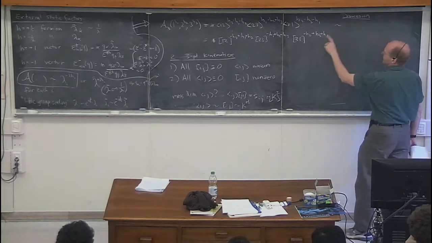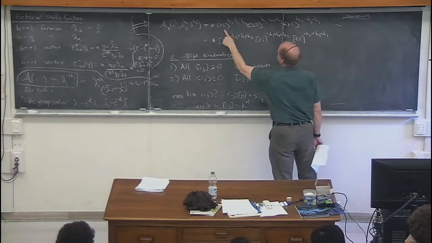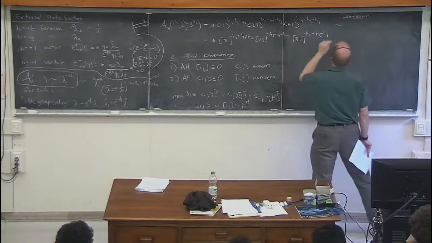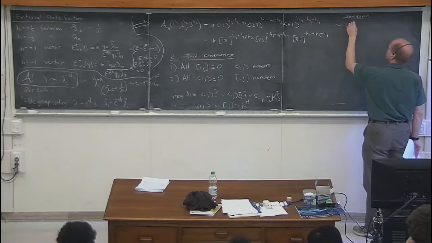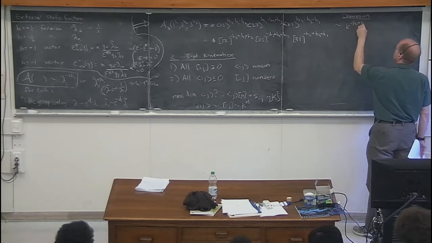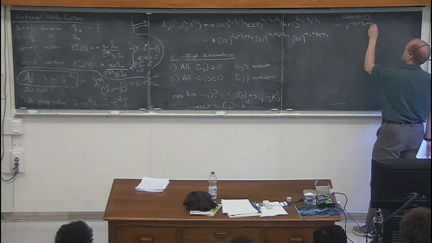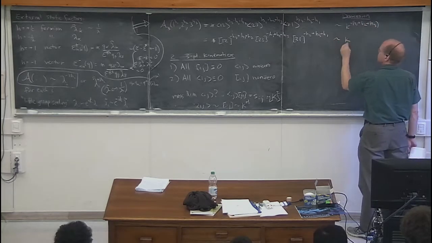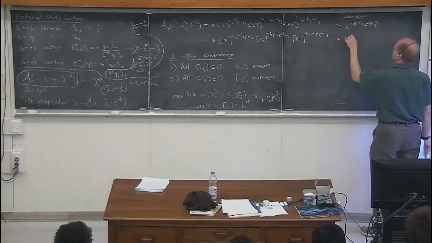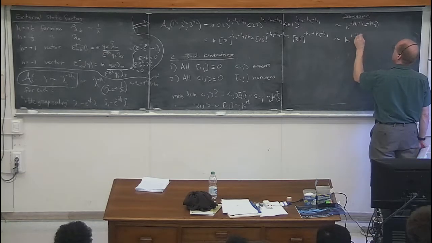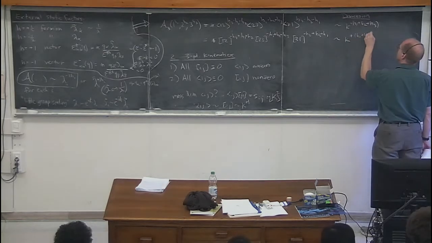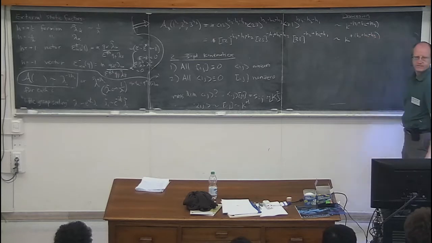So this thing, if we add it up, we have k to the sum of these powers, which is k to the minus (h1 plus h2 plus h3). On the other hand, this one here, because we flipped the sign, scales like k to the plus (h1 plus h2 plus h3).